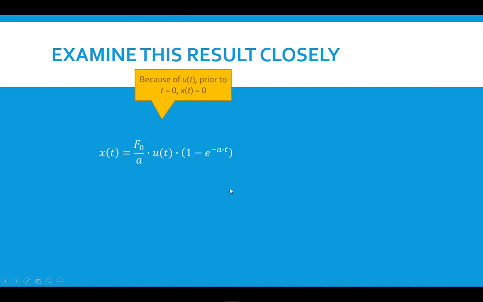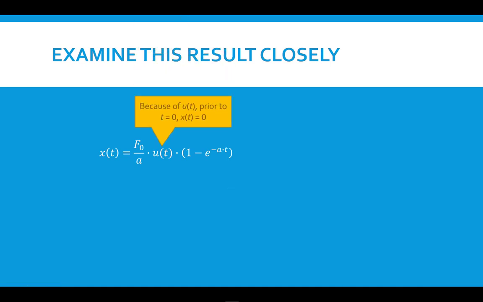Before t equals 0, that's 0, and it kills it off. At t equals 0, what happens is that u of t changes from 0 to 1. So before 0, it's 0, but at 0, it jumps up to 1.